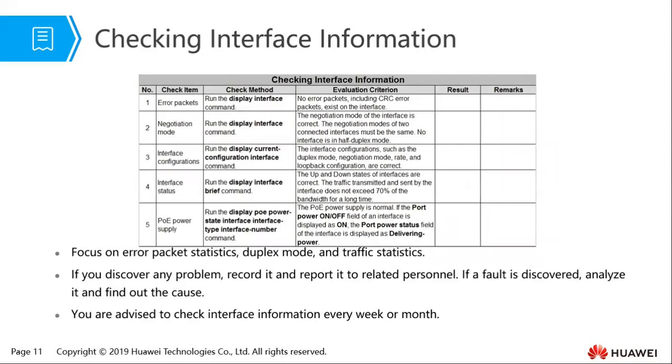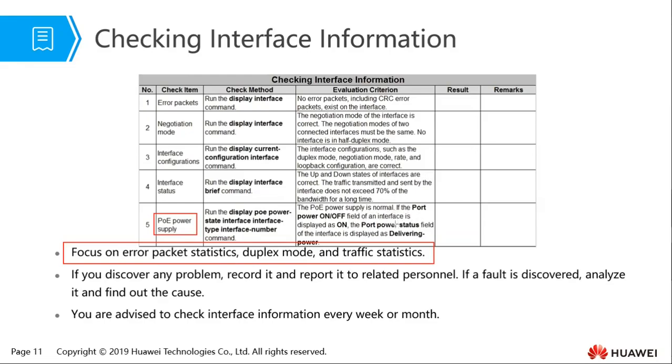Checking interface information. For a particular interface, we want to check whether we have excess error packets, whether the duplex mode is what we expect, and the traffic statistics that we are getting. Other things you can check on an interface, for example, is PoE, if the port power is on or off.